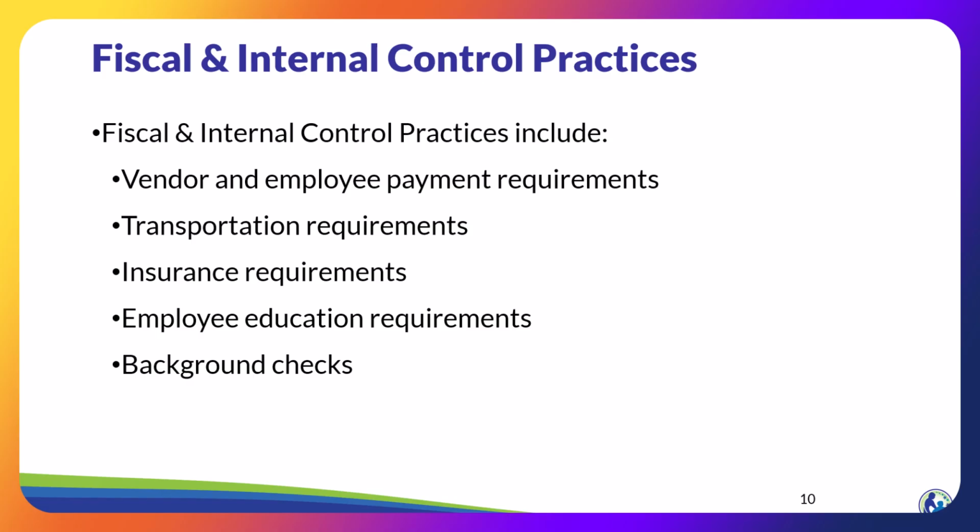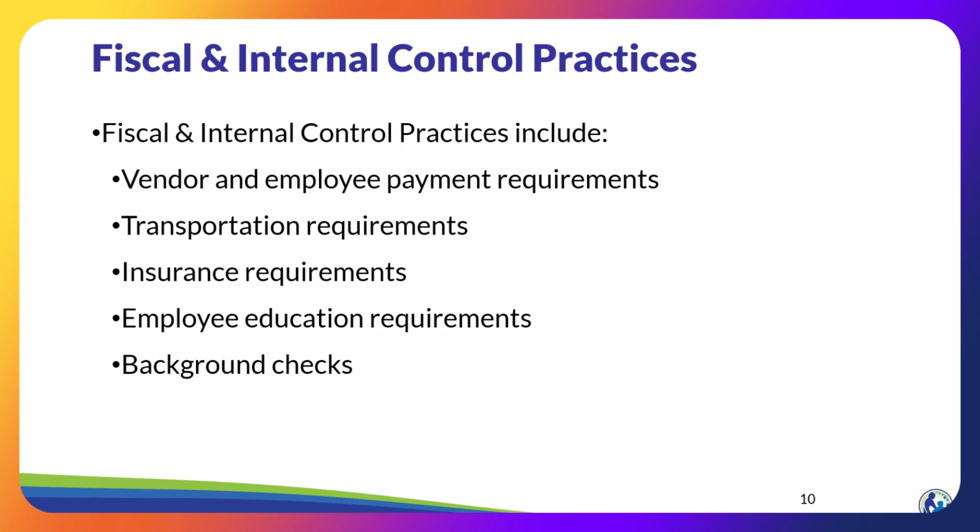The auditor will annually complete a fiscal and internal control practices report that determines if the school is meeting the program's fiscal and internal control practices requirements. This report is required to be submitted to DPI by December 15th each year.